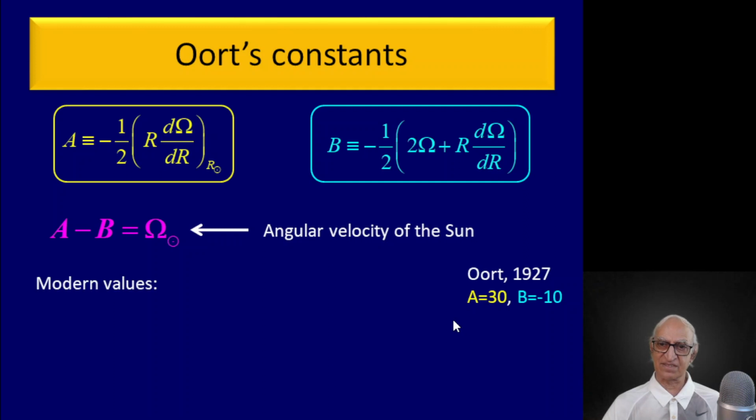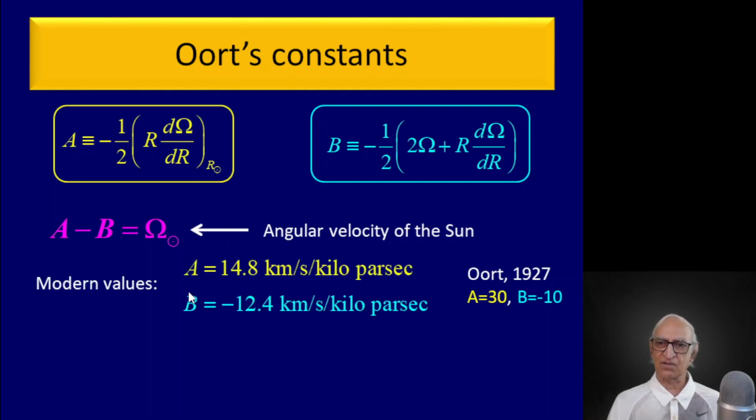Well, this doesn't tally with modern values. According to the modern values, A is 14.8 kilometers per second per kiloparsec. B is minus 12.4 kilometers per second per kiloparsec. All right? So these are the modern values.